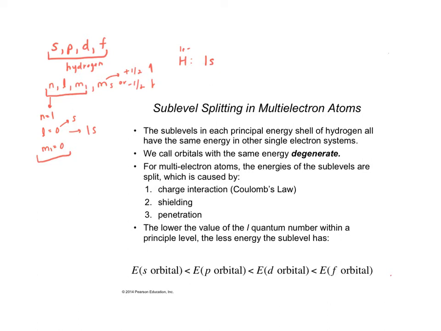This is the lowest energy orbital, again, because it has n equal to 1, which is the lowest principal quantum number. There's only 1 electron, and so we said that electron is going to go into this 1s orbital. And we denote that via electron configuration by putting a 1s1. So this is what we call electron configuration.